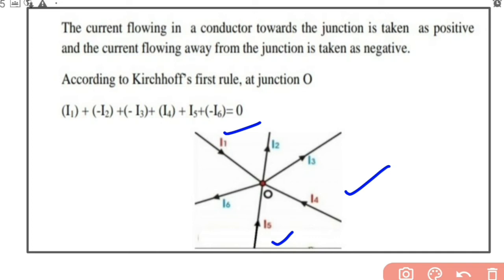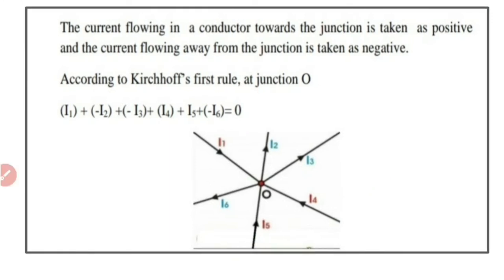The rest, I6, I2 and I3, are going away from the junction, so they are negative. So the first rule at the junction O becomes I1 minus I2 minus I3 plus I4 plus I5 minus I6, which is equal to 0.